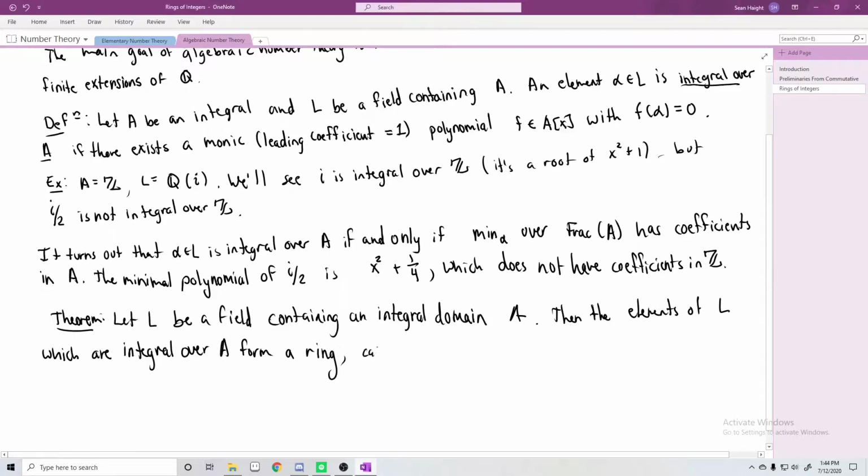And this ring is called the ring of integers of L. We're going to call this collection the ring of integers, and we won't know it's a ring until the end of this lecture.